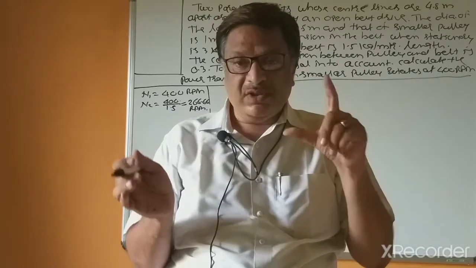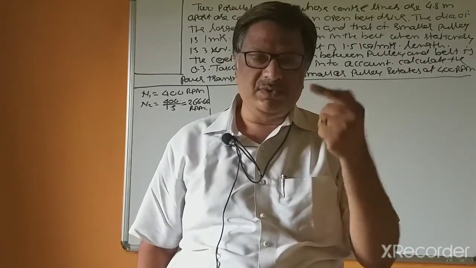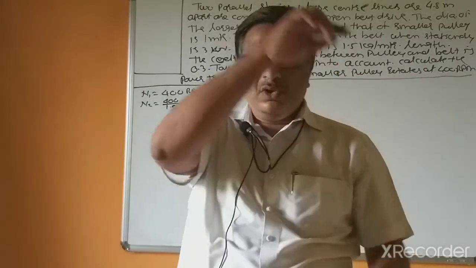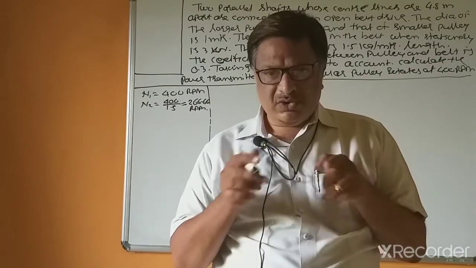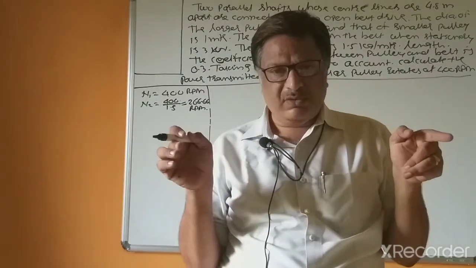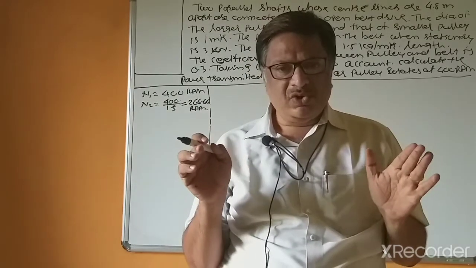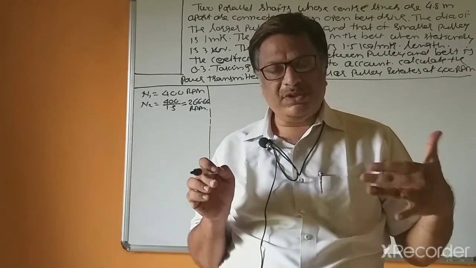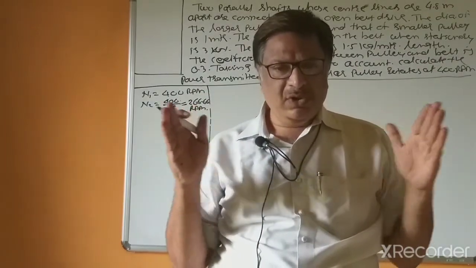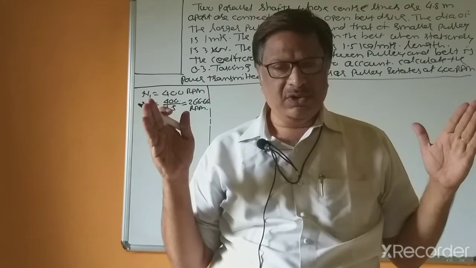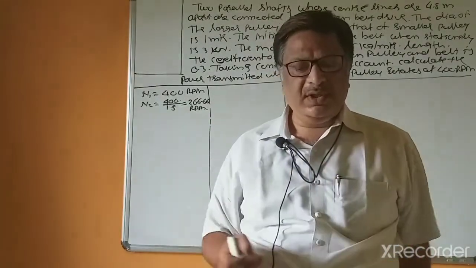For 1 meter of total pitch length of the belt, you mark 100 mm, so 100 mm is 10% above, and that initial tension is to be applied. Suppose you mark 500 mm, so 50 mm, that length is to be increased.